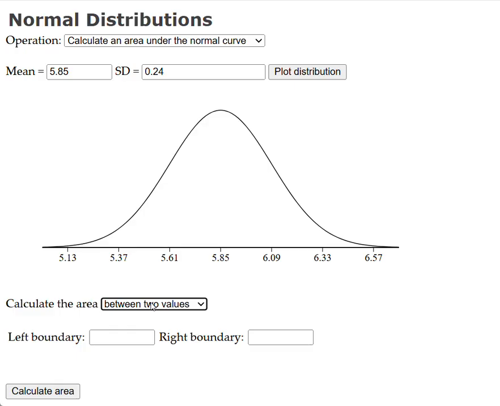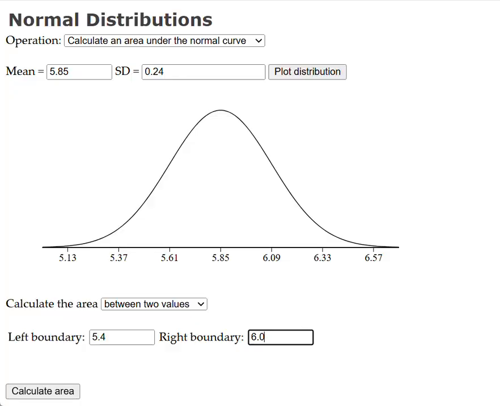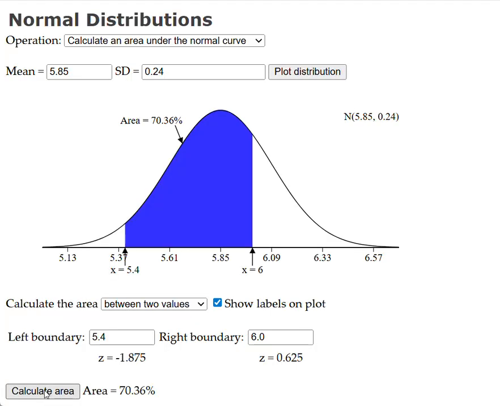All right, so here we want to calculate the area between 2 values. The left value is 5.4. The right one is 6, right? So the smaller one is on the left. The larger one is on the right. I could go back and check the problem, but let's see, 5.4 and 6. Yes, calculate the area. And there we go.